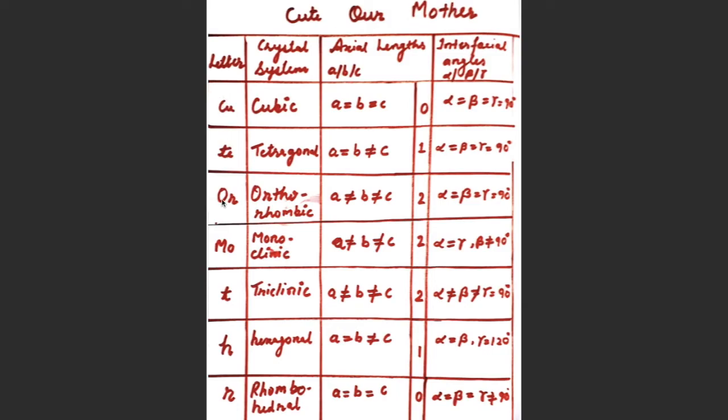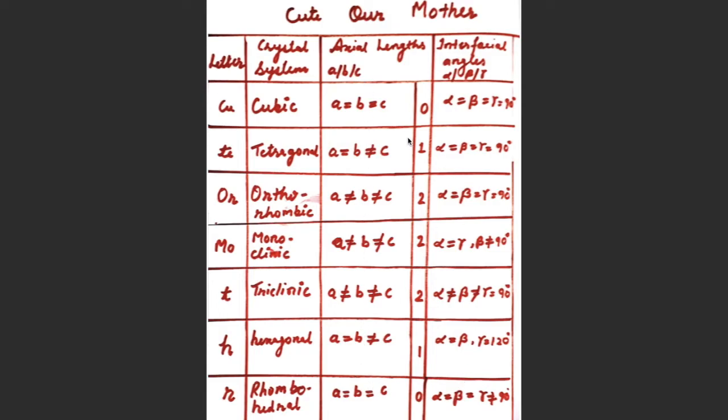C-U-T-E, cute our mother, M-O-T-H-E-R. In this sequence, you will be able to learn the names of all 7 types of crystal system. Here are axial lengths and interfacial angles. We have already discussed all these things.